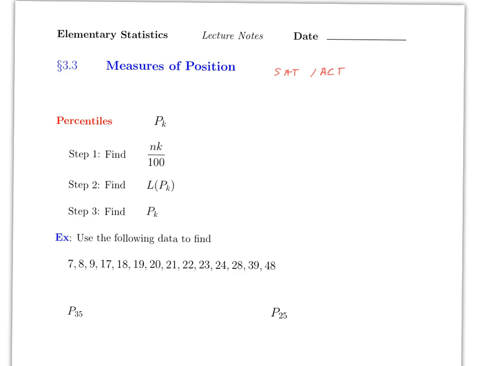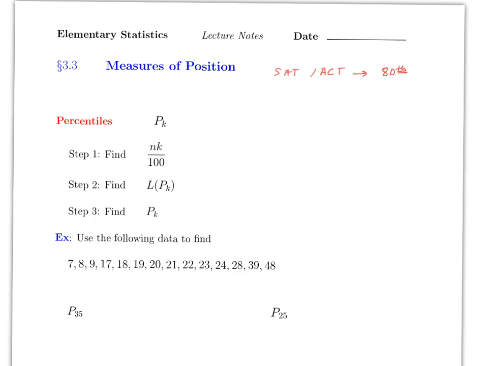Now when you take these exams, your score is usually given in a percentile. So you don't get an A, a B, or a C. Usually the score will be like the 80 percentile. So what does that mean?